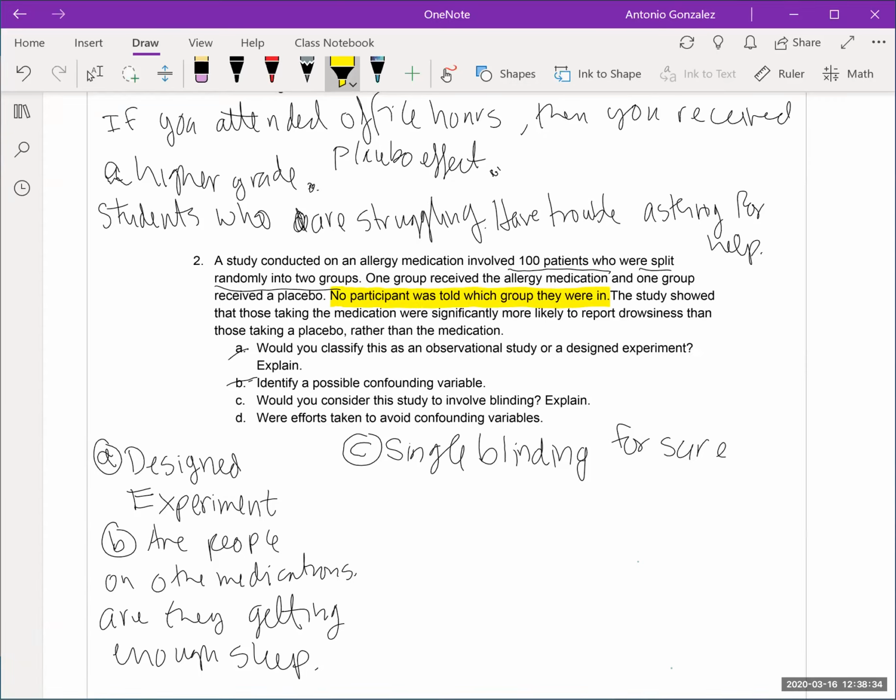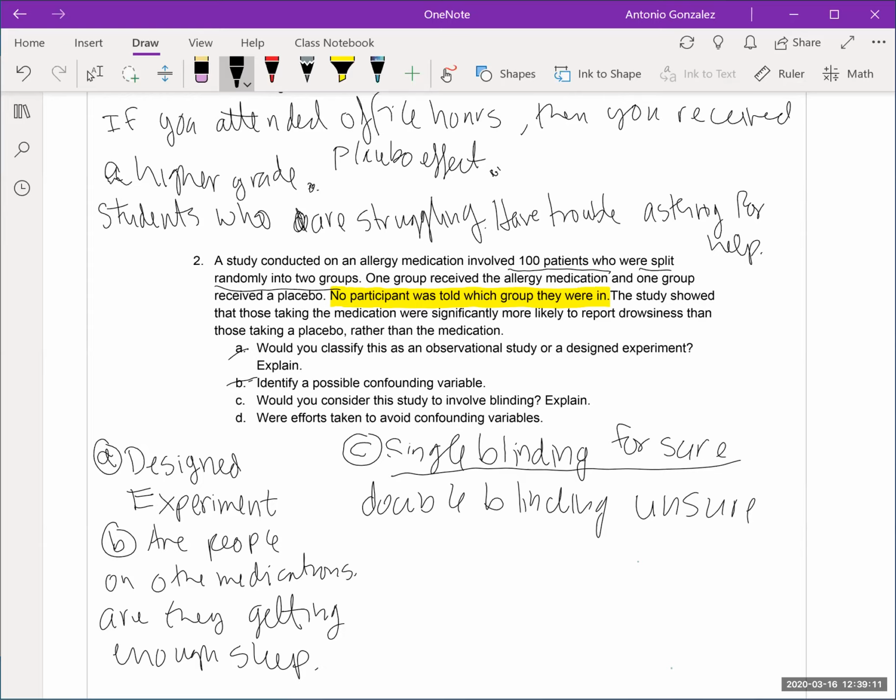No participant was told which group they were in. So that is a blinding measure for sure. Now, as far as double blinding, it's unsure, because it is not sure whether the researchers themselves know which group they are dealing with. Okay, but this for sure.